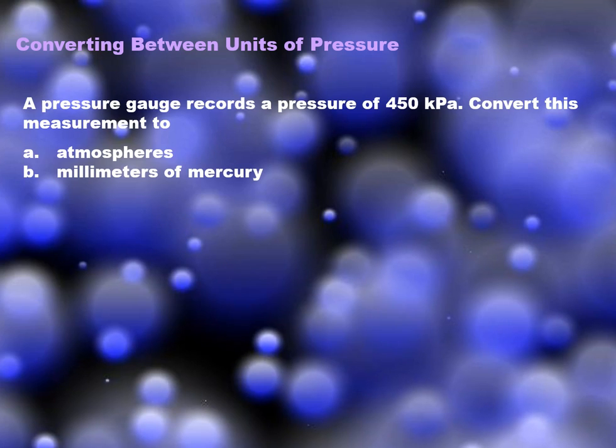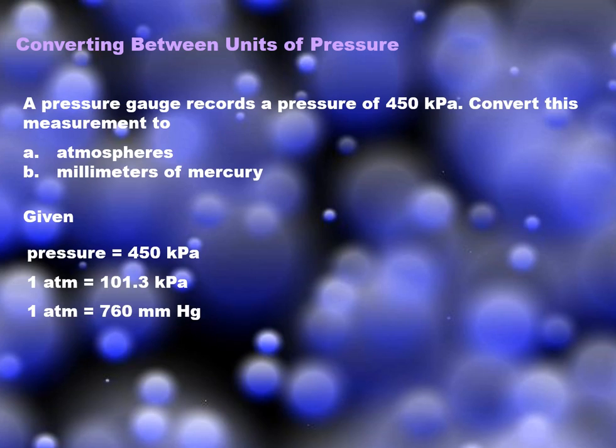So let's take a look at a conversion problem, converting between units of pressure. We have a pressure gauge and it records a pressure of 450 kilopascal. We want to convert this measurement first to atmospheres, and then to millimeters of mercury. So let's set up our given, which is the pressure, equal to 450 kilopascal.